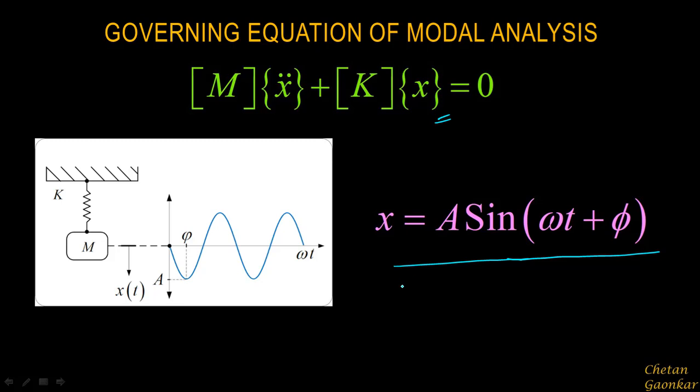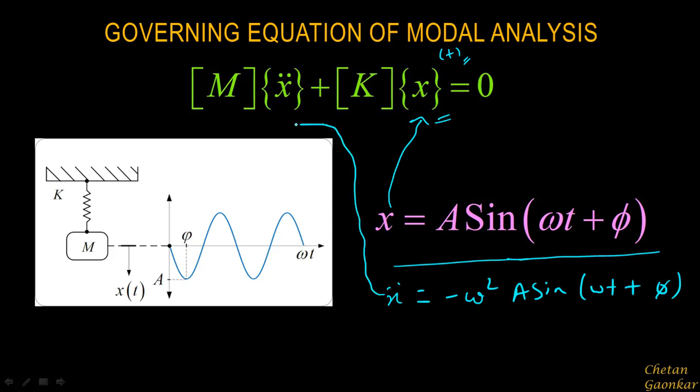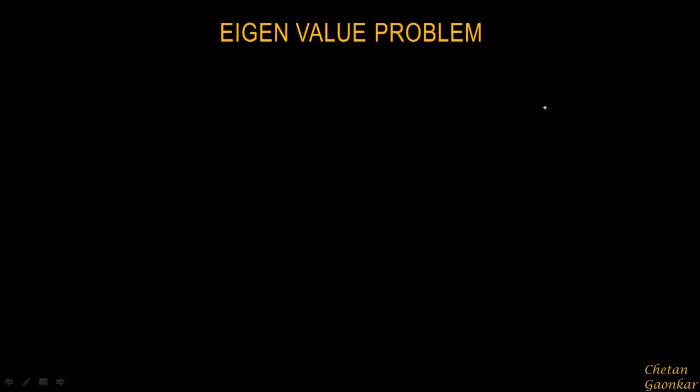So once I substitute this harmonic solution in this equation, which is a function of time, and double differentiate it, which will be minus omega square a sine omega t plus phi, if I differentiate twice with respect to time, we can substitute that here, do the rearrangement, and we'll be able to convert this governing equation of modal analysis into a function of frequency. All right, so that is what we'll see in our next few slides.